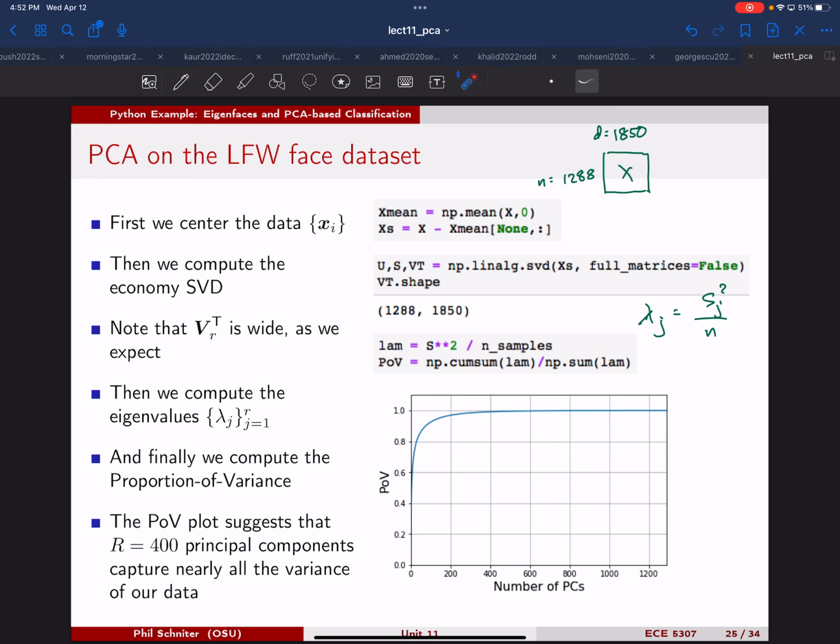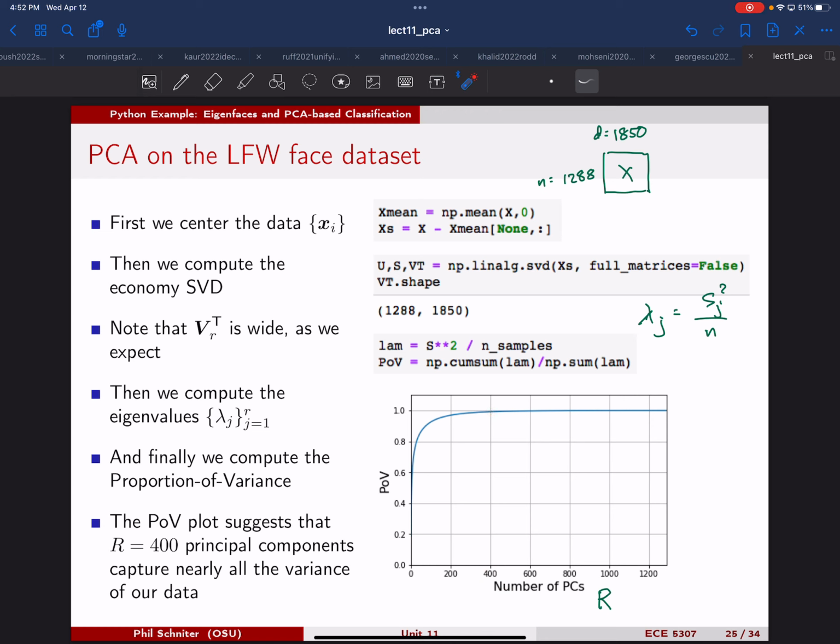And now we're going to plot the proportion of variance as a function of the number of principal components, which is r. There's a fast way to do this with the cumulative sum command. And so as a function of r, you can see the proportion of variance quickly increases, and already at about 400, it's very close to 1.